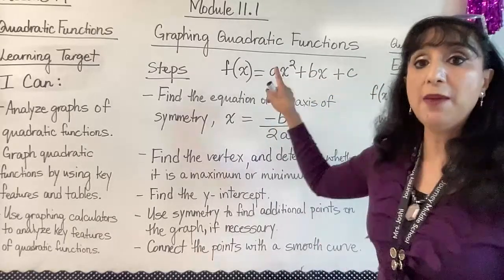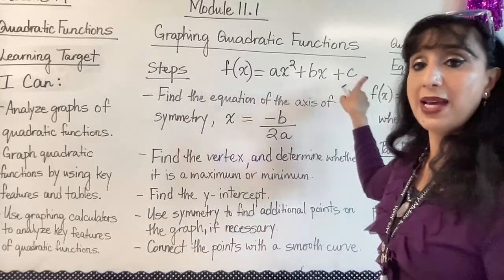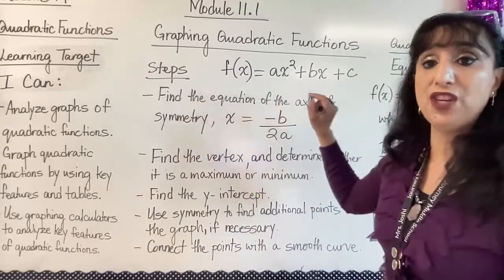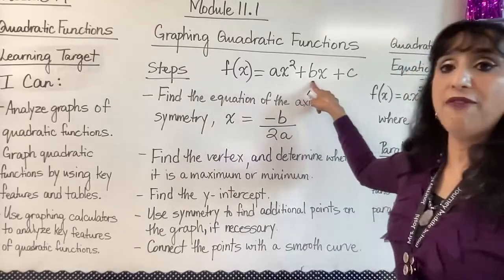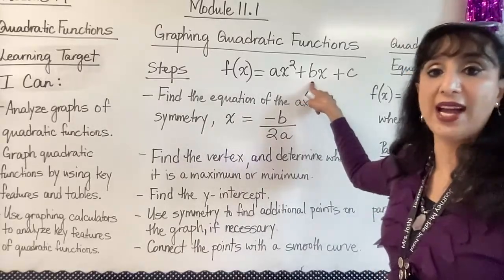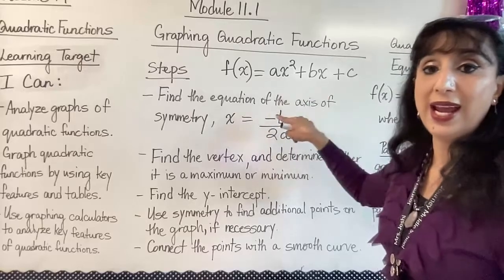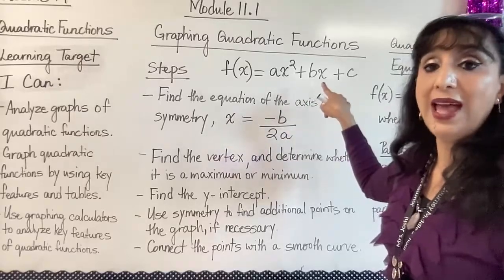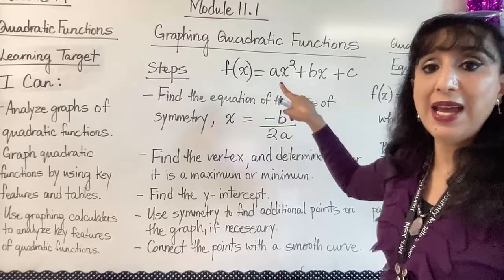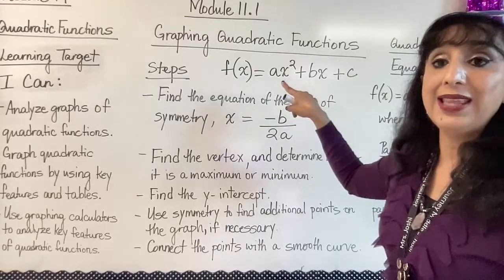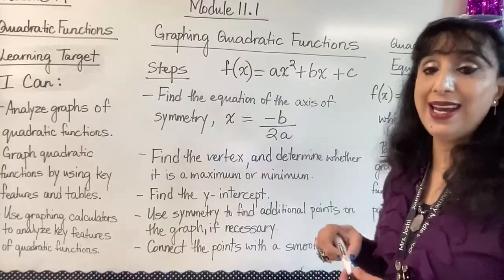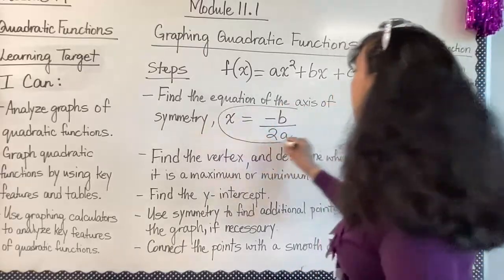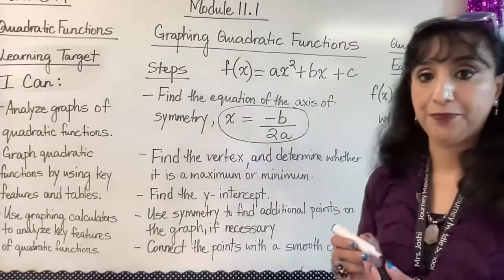The a and b are the coefficients. So I take the opposite of the coefficient b, which gives negative b, over 2 times a, and that gives me the axis of symmetry.